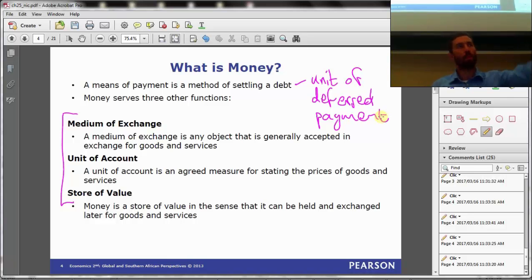In other words, when I work, I take money, and I then take that money and exchange it for goods and services. In the meantime, I have basically exchanged my labor for something that's kind of like a debt instrument, right? I get something which says, you can use this in the future to go and buy something.